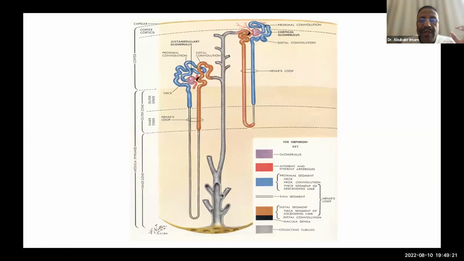For example, in the distal part of the nephron, the collecting ducts, if there is a defect, as I mentioned earlier, in the sodium-potassium channel or transporter, and you stop reabsorbing the sodium, you will end up having significant hypertension.